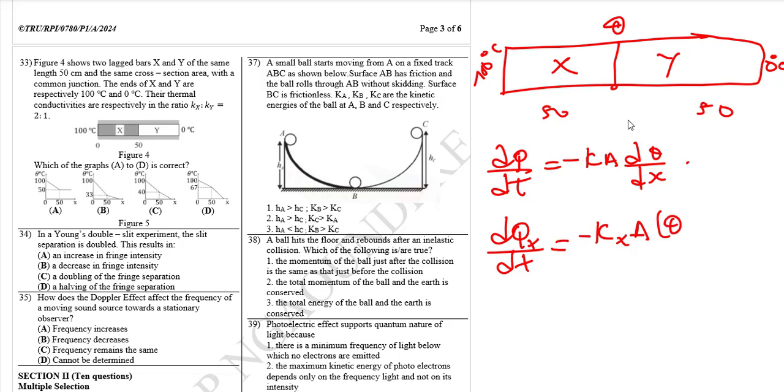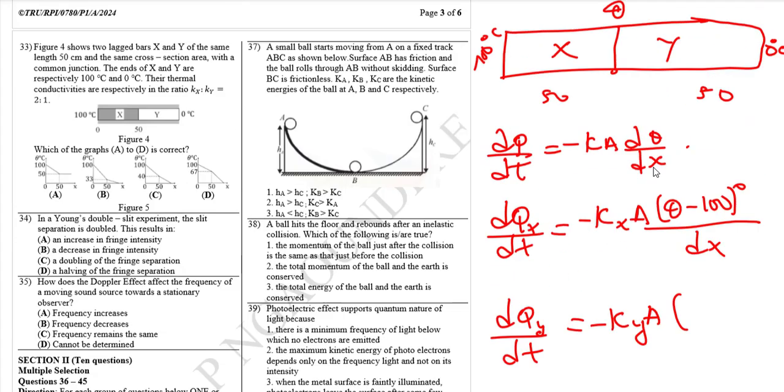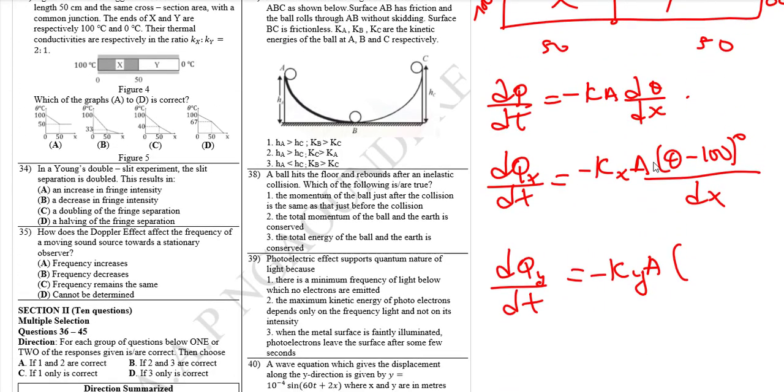So that will be theta minus 100 degrees, all of this divided by dx, and our dx is 50 centimeters. Now likewise for y, dQy/dt will be equal to negative Ky A times outer temperature minus inner. So I have 0 minus theta, that will be negative theta, all of this divided by dx.